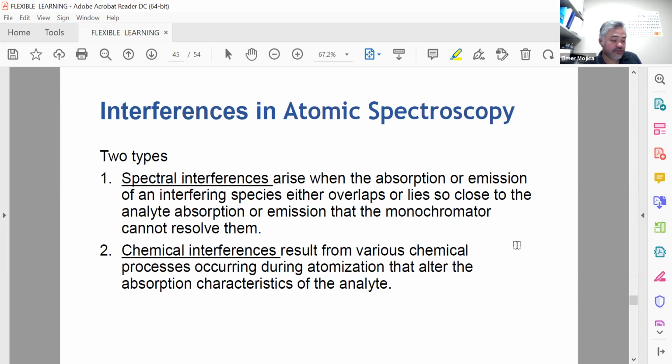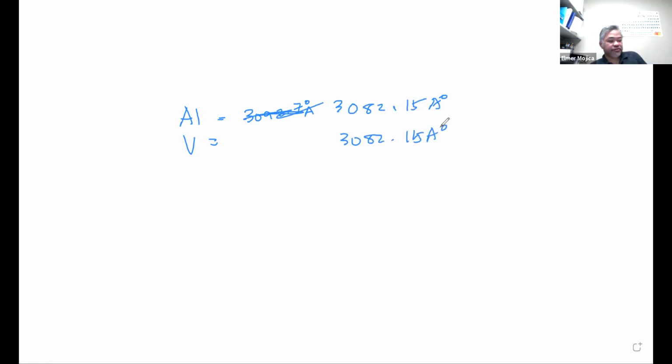So the way that you can do is, let's say, I want to put a specific example here. Whenever you have aluminum and vanadium, if you're going to look at the wavelength that they have, 3,082.15 angstrom for aluminum, and 3,082.15 angstrom for vanadium, they're so close, right?